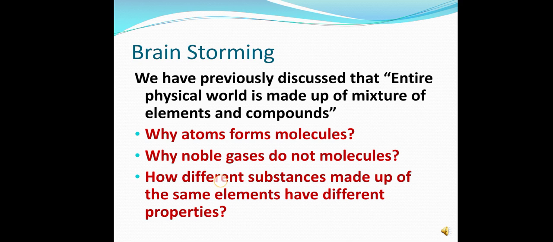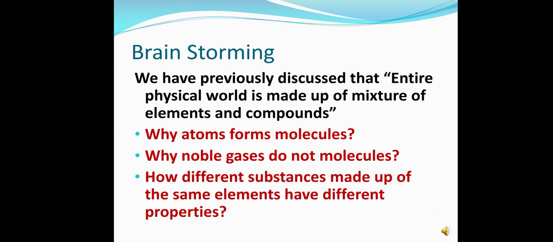If noble gases remain as monatomic molecules, why do they not form molecules? What is there in their electronic configuration that makes them non-reactive with any other thing? And the third question is how different substances made up of the same elements have different properties.